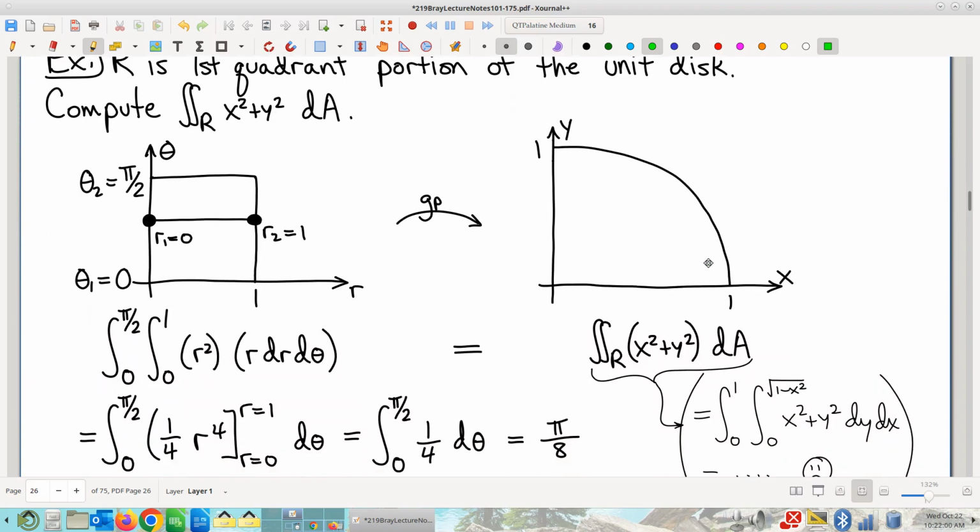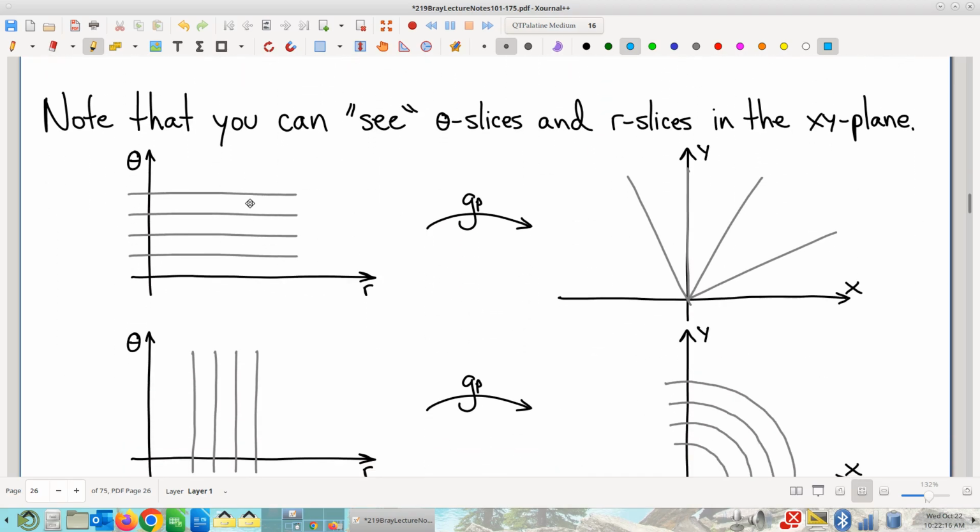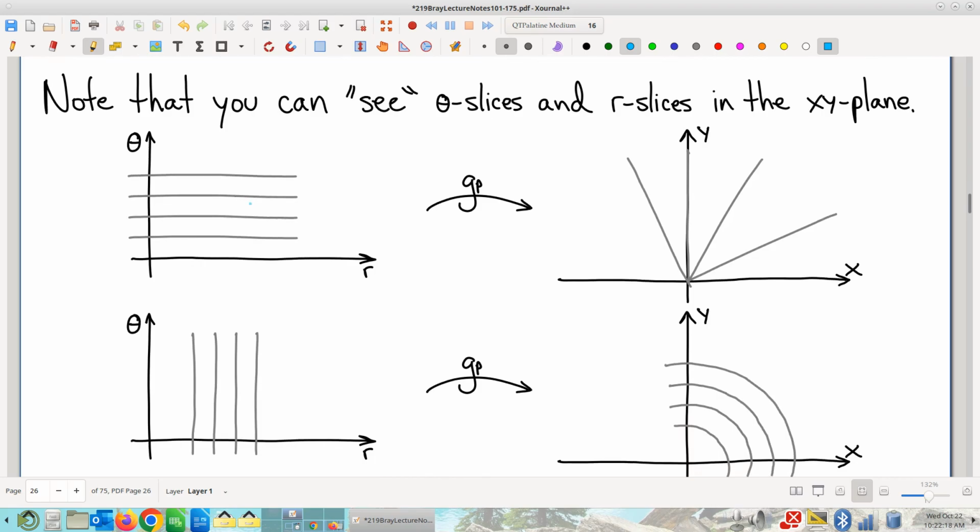So we did this first example, and we saw that you can take this undesirable domain and pull it back to a rectangle, which is totally awesome. It makes the bounds much easier. Look how nicely this calculation went through. And then we made an even better realization: I don't even have to draw the pullback.